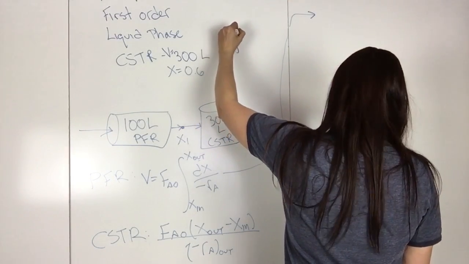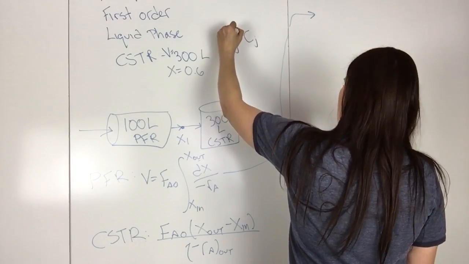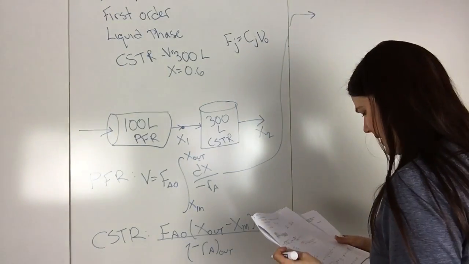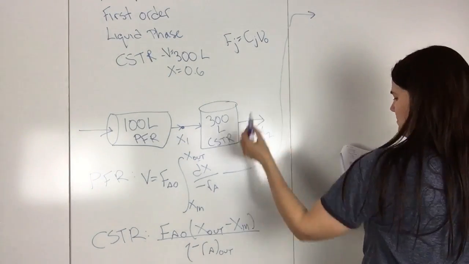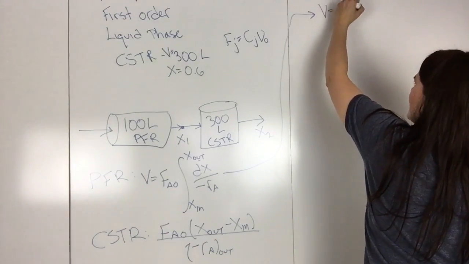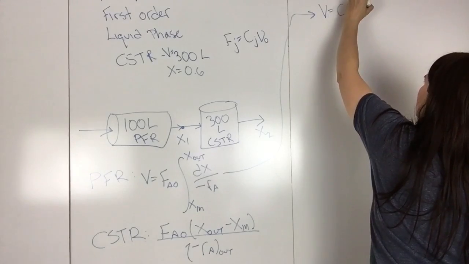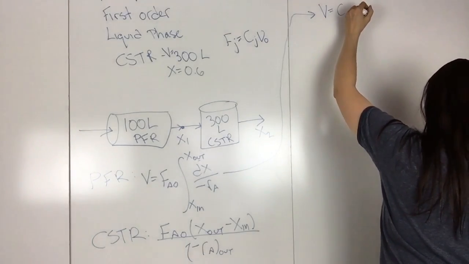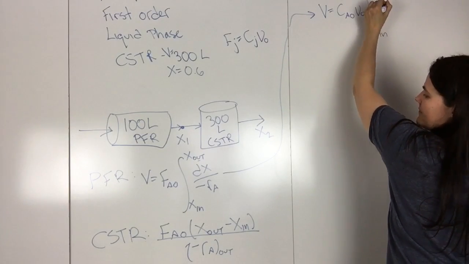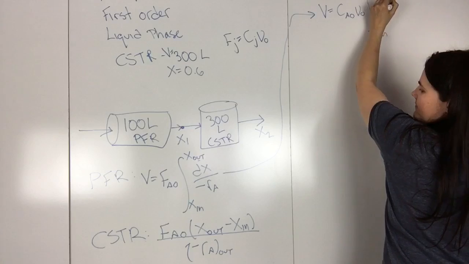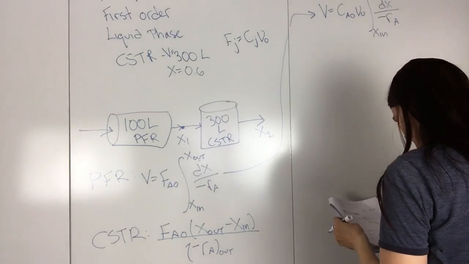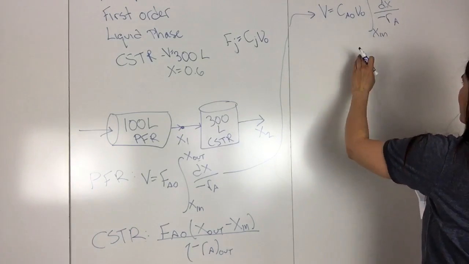So Fj is equal to the concentration multiplied by the volumetric flow rate. If I plug that into this equation, then I have V equals Ca naught times the volumetric flow rate multiplied by the integral from x in to x out, dx over the rate.